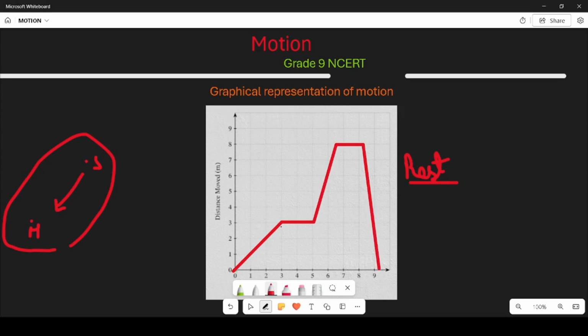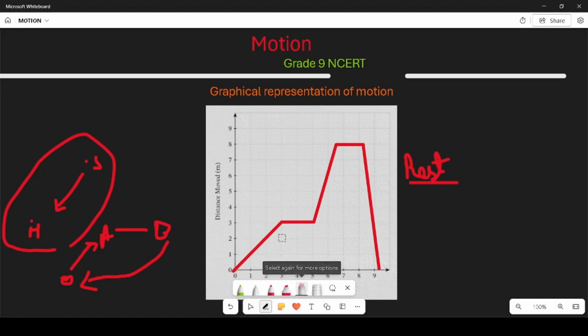Let's say this is the original point O. An object is moving to position A, stays there for some time, and then goes to position B, stays there for some time, and then returns back to position O. So that's how you can represent an object going to two places, staying in those places, and returning to its original position.